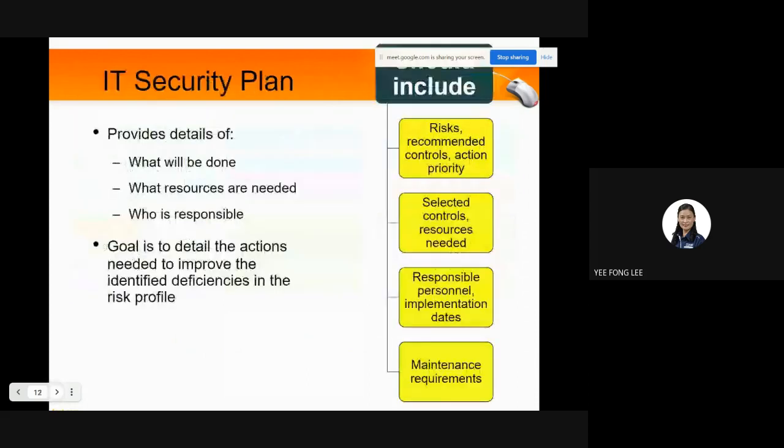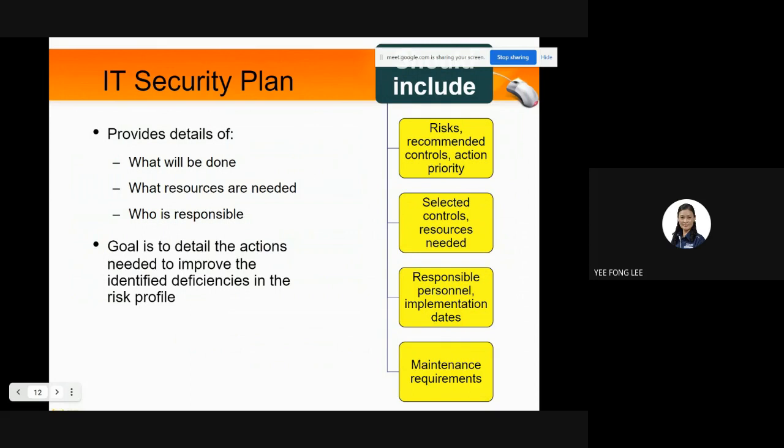Okay, next we look at the IT security plan. This plan should be created. This is a document that provides details on what will be done, what resources are required, and who will be responsible.